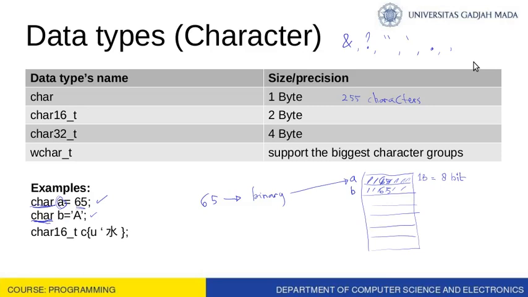So as you can see on your keyboard, there are so many characters there. All those characters can be stored in this 1 byte, in this jar.